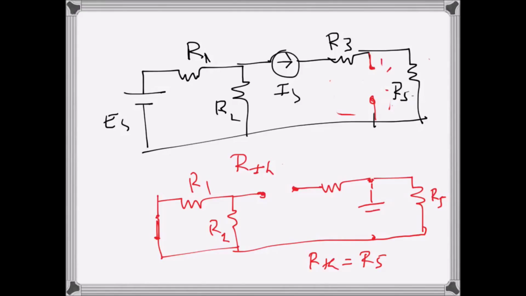What is the equivalent resistance the source will experience? Since there is a break here, no current goes this way, there is no return path for the current. There is no path for the current to go in from the positive terminal in this direction, so the only resistance is here. So R5 is the only equivalent resistance, and the Thevenin resistance is just R5.